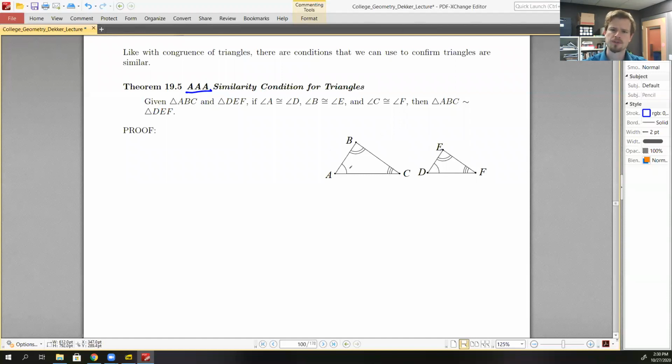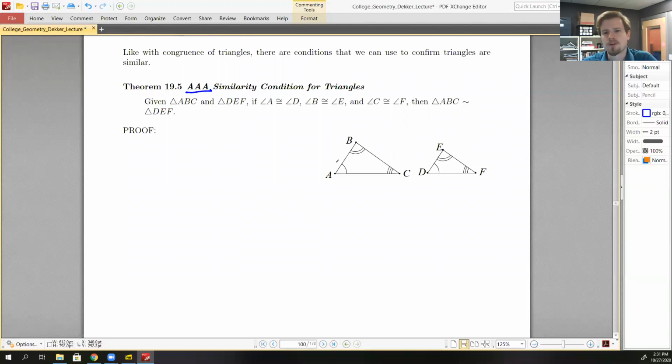All right. So let's consider this figure for our proof. We're going to assume that the angles match appropriately, that they are congruent. And then there's one additional thing that we'll want to utilize. We're going to assume that triangle ABC is larger than triangle DEF. When I say larger, I mean that the corresponding side AB is longer than DE.